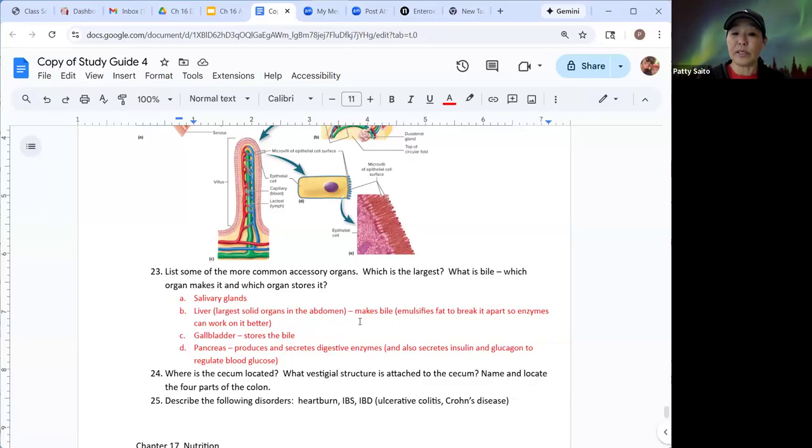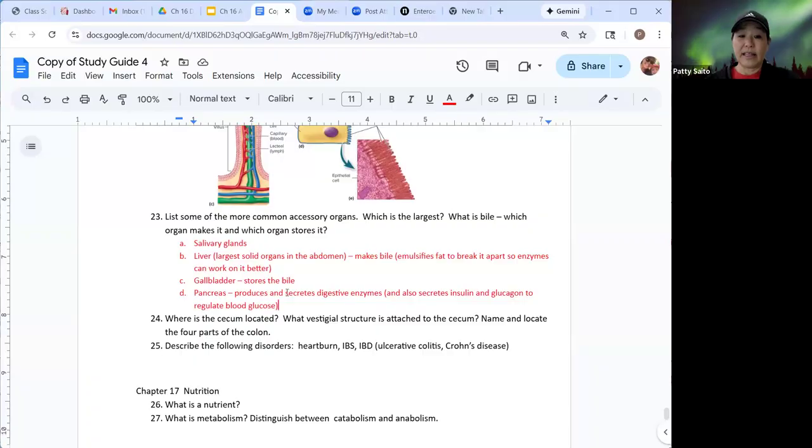The liver produces bile, and bile is important in fat digestion. It breaks up the fat. The gallbladder stores the bile, and then the pancreas is going to make digestive enzymes. Now, in the endocrine system, we learned that it secretes insulin and glucagon that control blood glucose, but that's its endocrine function.